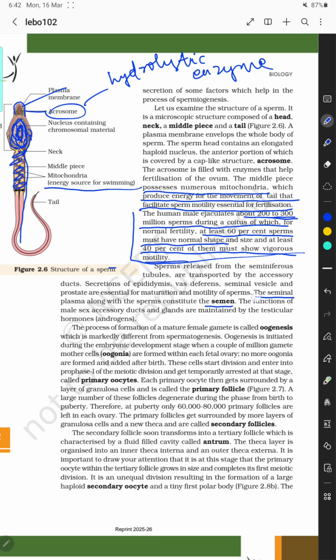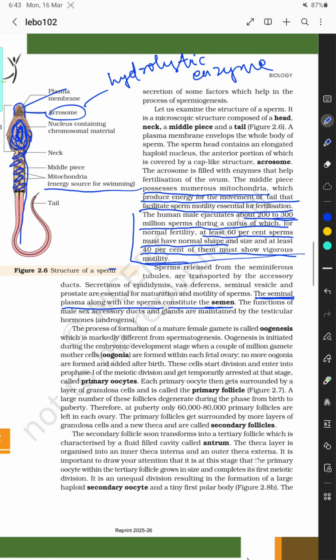But when this seminal plasma is along with the sperm, it constitutes the semen. Very important. So this is all about spermatogenesis and the structure of sperm. Then let us come to oogenesis.